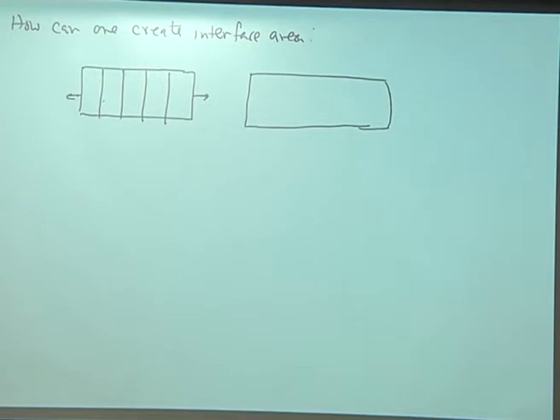1, 2, 3, 4. Okay, so it's pretty clear that the total interfacial area has changed on going from 1 to 2. So it's an increase in area. And it's pretty clear the way you're doing this is by stretching it, right? Okay.